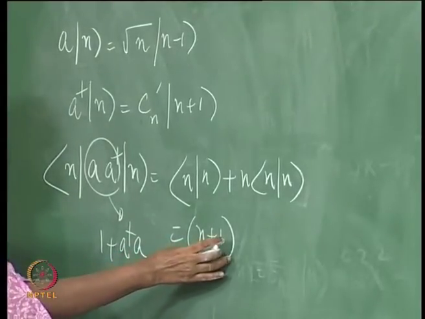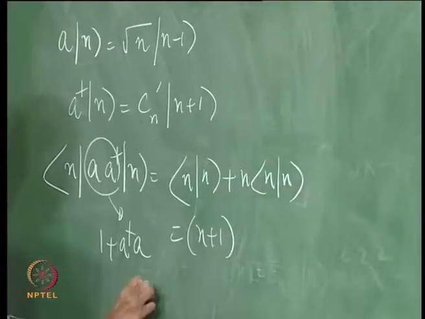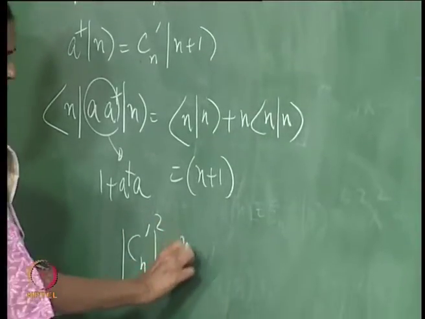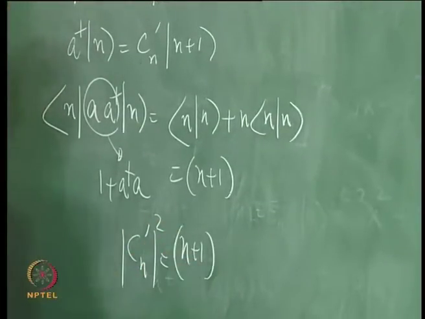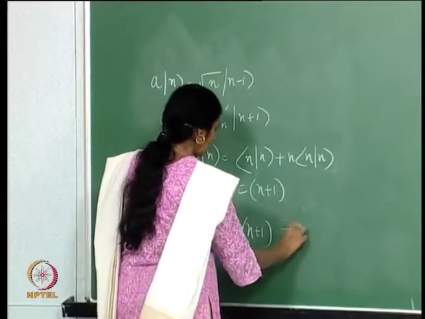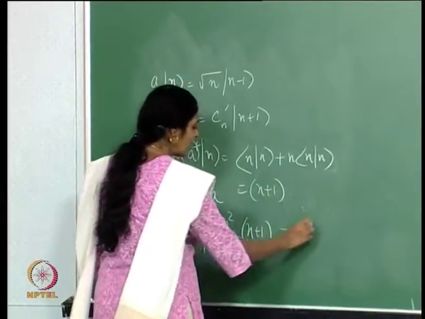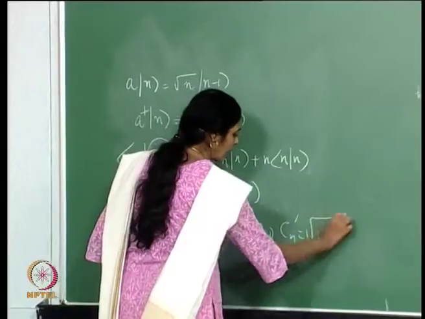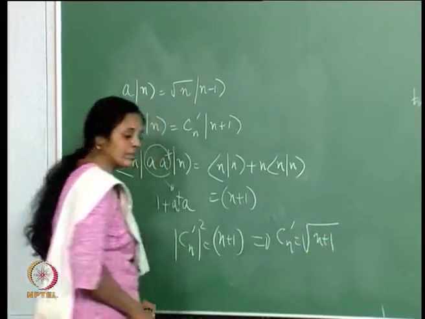So I have |C_n'| squared is equal to n plus 1, which implies that I can choose my C_n' to be root of n plus 1.